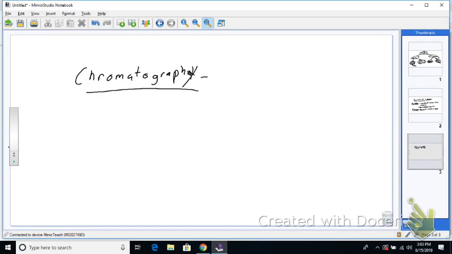It's a separation that is based on a fluid's mobile phase.